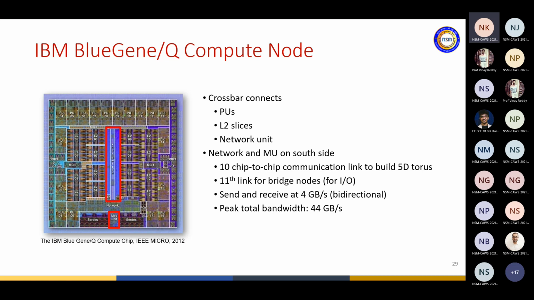Each of these were about 2 Gbps unidirectional, and both ways you can get 4 Gbps bidirectional network bandwidth. And the peak total bandwidth was about 44 Gbps, that is, you can push data out of the system as well as receive data, because you have 10 links. That scales up the amount of data you can push, because remember, our computing speed is very fast as compared to the network.